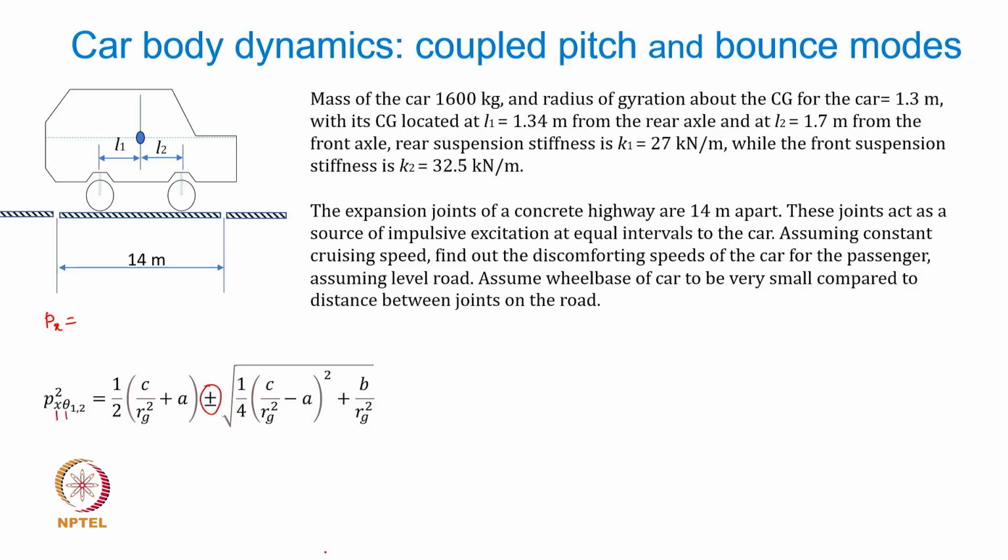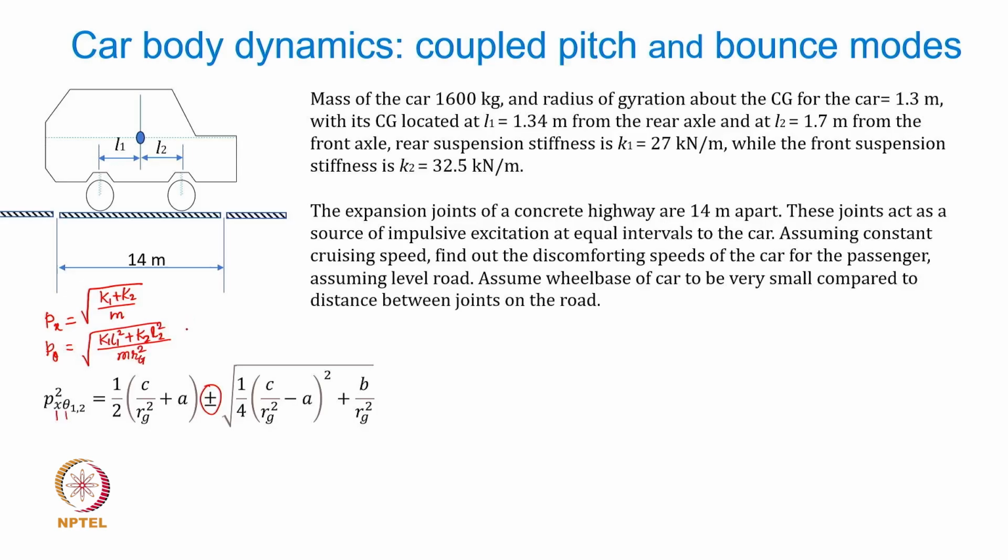Plus, if the system has a pure pitch mode or a pure bounce mode natural frequency, what is the way to find this out? By the way, this expression would be k1 plus k2 upon m, and this could be k1 l1 square plus k2 l2 square over m rg square, where rg is the radius of gyration.